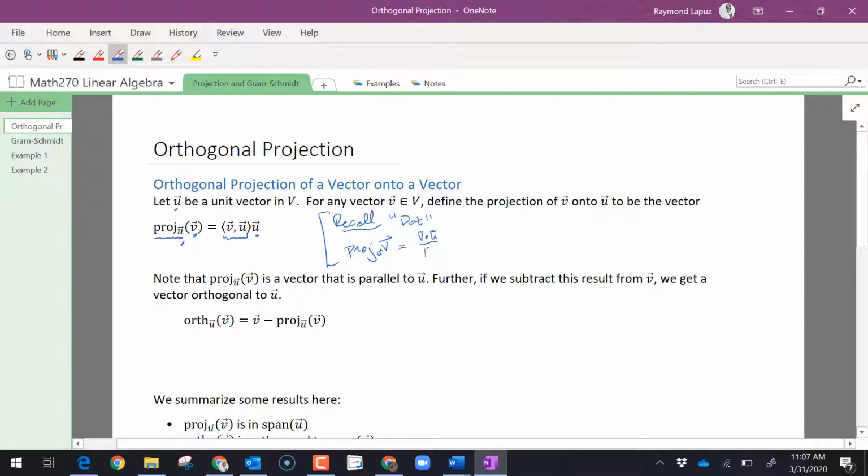So the scalar projection is this dot product of v and u divided by the magnitude of u, but then you multiply by u, and you have to make u into a unit vector, so you'll have another magnitude of u in the denominator, and this becomes your projection formula.